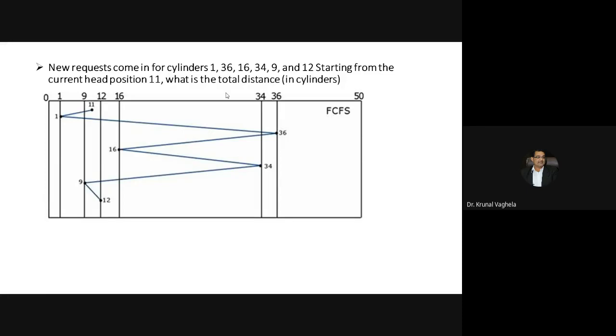First come, first serve. And you need to always remember that the current head position is 11. So you need to start with 11. If it is not given, then by default you need to consider from 0. But it is given here. So the head will start from 11. Then it will move to 1, then 36, then 16, then 34, then 9, and then last 12.